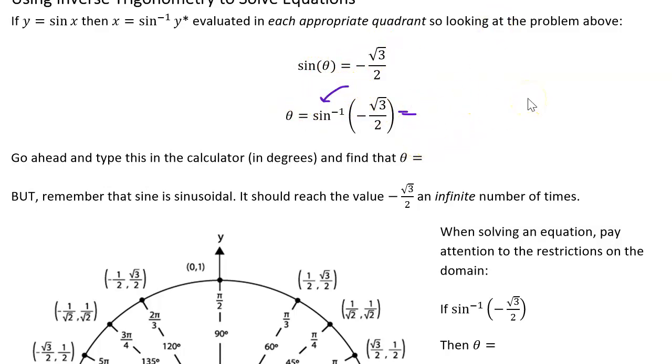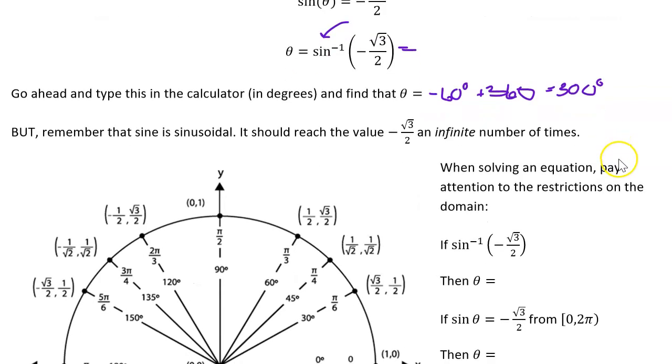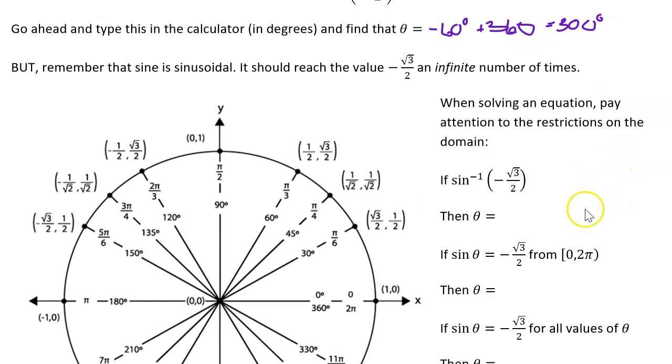If you type inverse sine of negative rad 3 over 2 in your calculator, make sure you're in degree mode so that you can interpret your solution. You're going to get negative 60 degrees. Put it on the unit circle. You get 300 degrees. Then you have to remember that there's an infinite number of solutions.